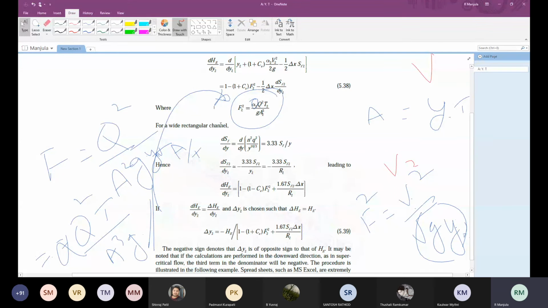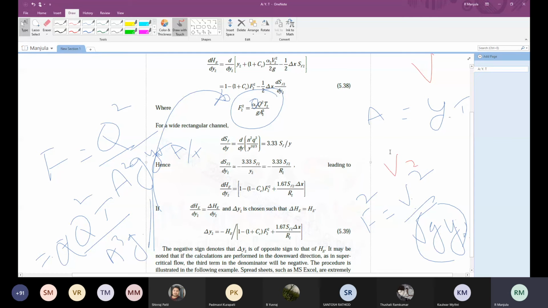Now for a wide rectangular channel, I can take this ds of 2 by dy, because if the channel is wider, then your depth of the flow will be very less. Then the ds f by dy, where sf is the friction slope, we are substituting as n square q square divided by y power 10 by 3. Why 10 by 3?